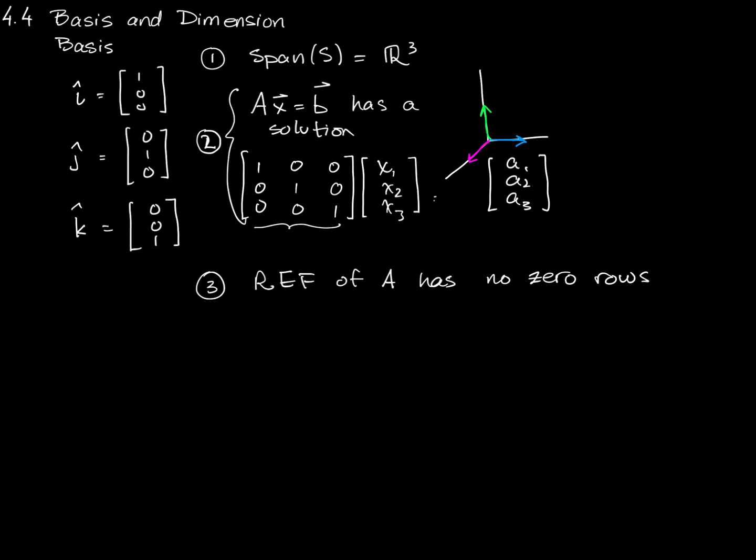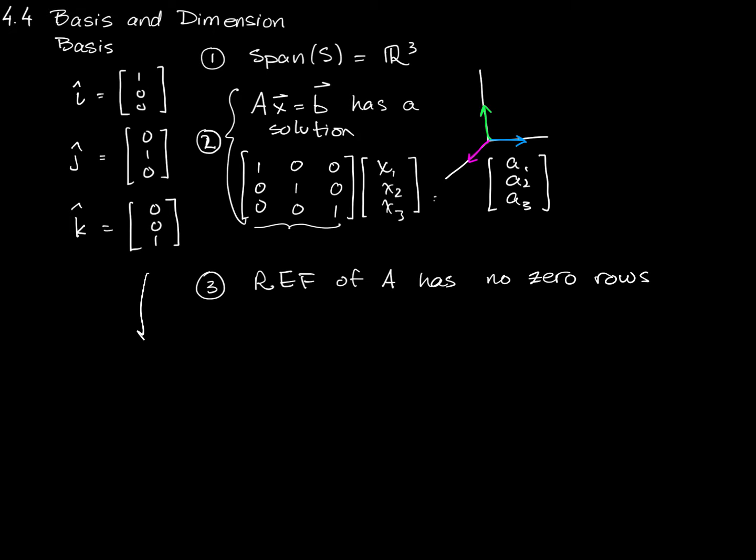And those three statements were equivalent. So if I know this, I know this. If I know this, I know this. If I know statement 3 is true, then I know statement 1 is true. They're equivalent, right? If I know one of them is true, then the other two must also be true.